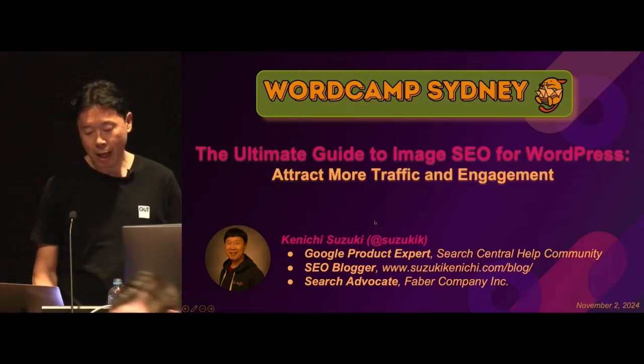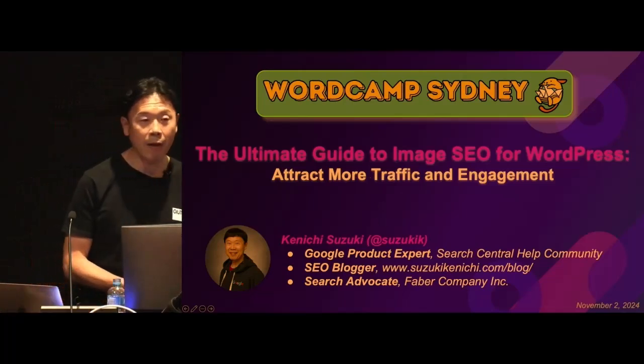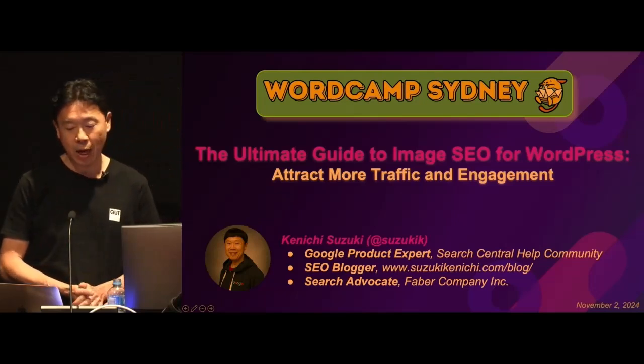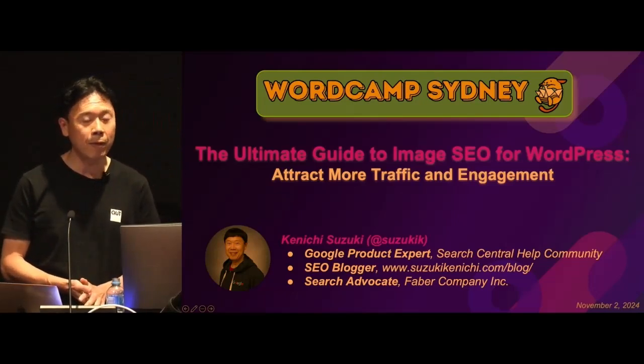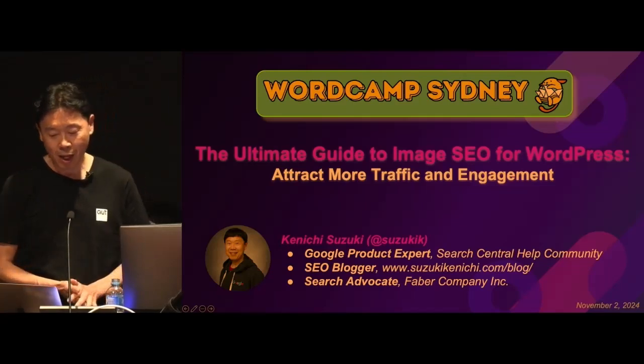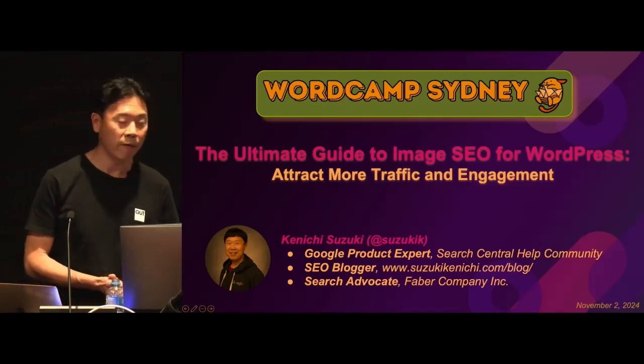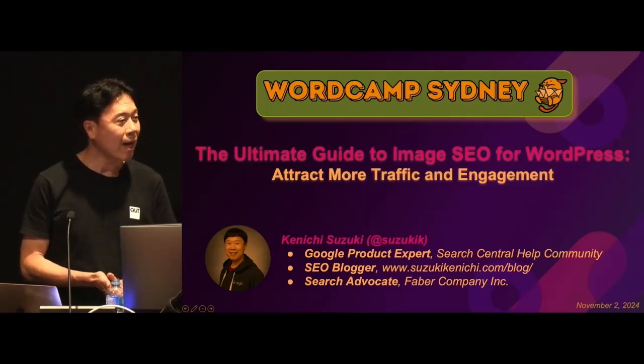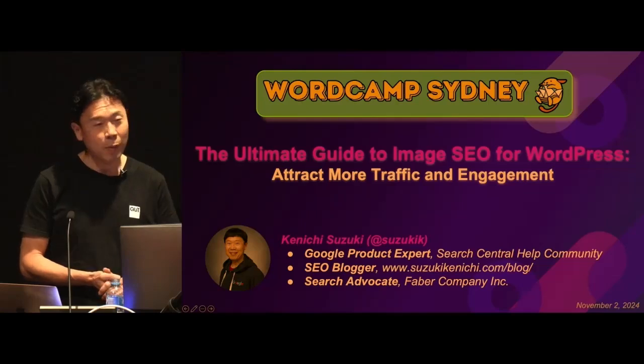I'm also an SEO blogger. I've been writing articles every day for almost 20 years now. My blog is one of the most popular in Japan's SEO community. And it's built on WordPress, of course. Back when I started my blog 20 years ago, WordPress wasn't nearly as popular as it is today.